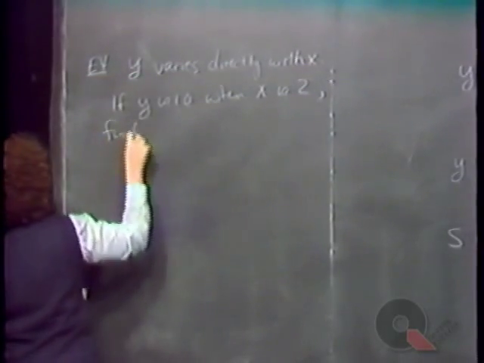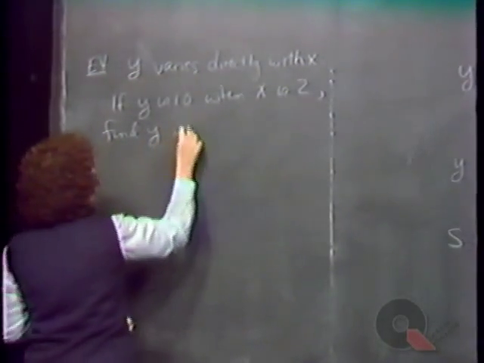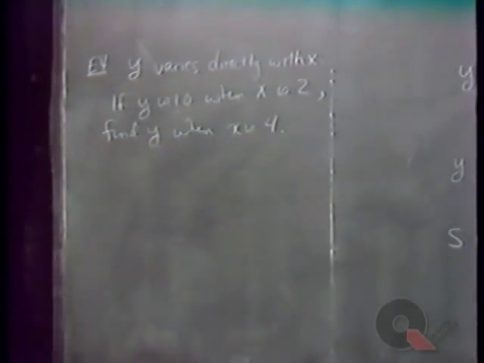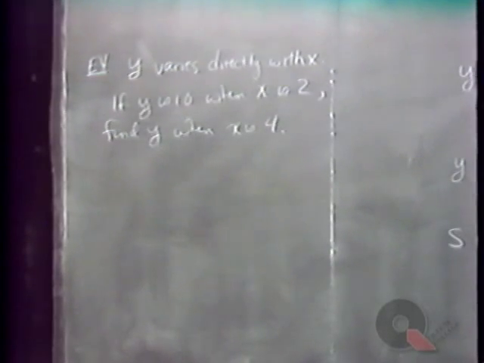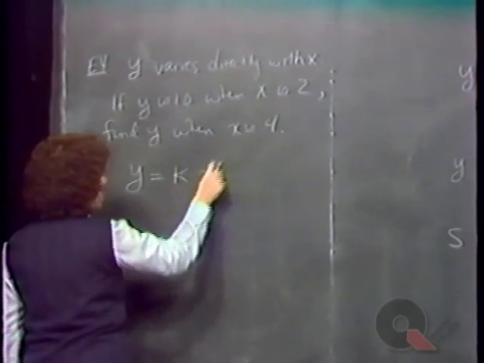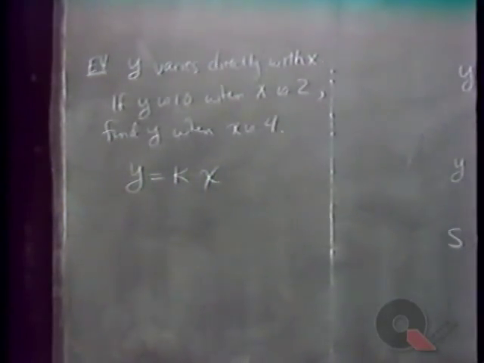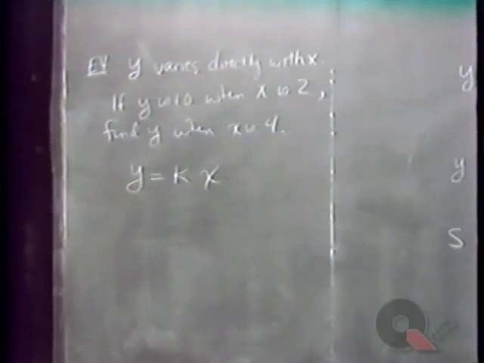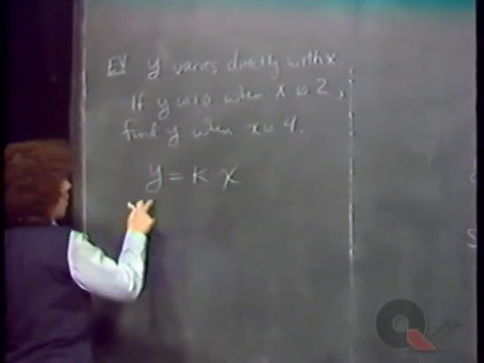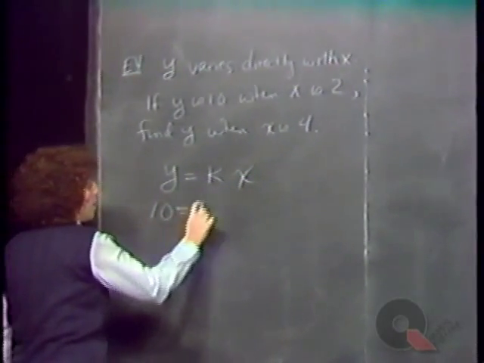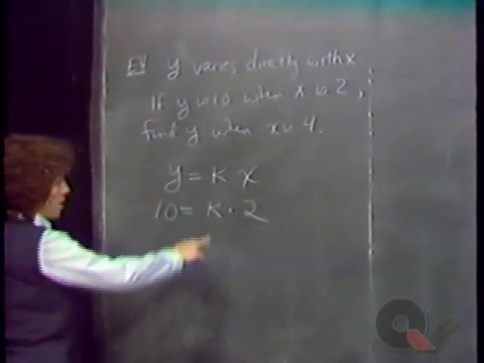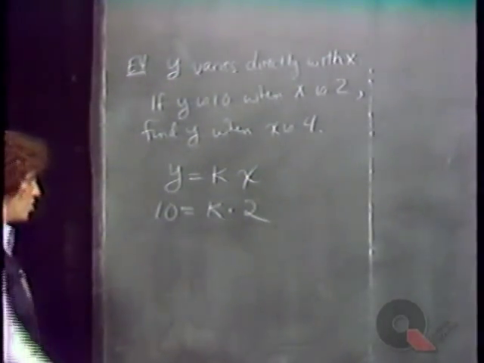Find y when x is 4. y varies directly with x, or y is directly proportional to x, can be written down like that: y equals kx. Now we are told that y is 10 when x is 2. That is, when y is 10, x is 2. Using that, it's possible to solve for k, the proportionality constant.